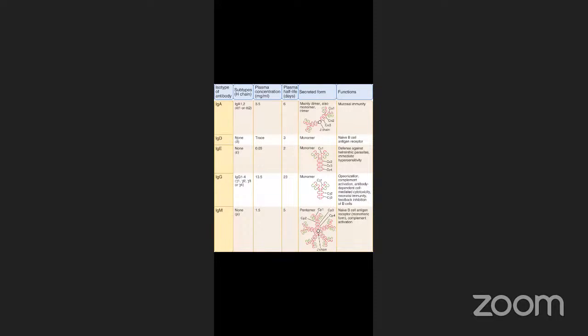When it is attached to another with the help of J chain, that is a dimer. If three normal antibodies are attached together, that is a trimer. If five normal antibodies are attached together with the help of J chain, that is a pentamer. Immunoglobulin G is also a monomer. Immunoglobulin M is the pentamer, the largest immunoglobulin.